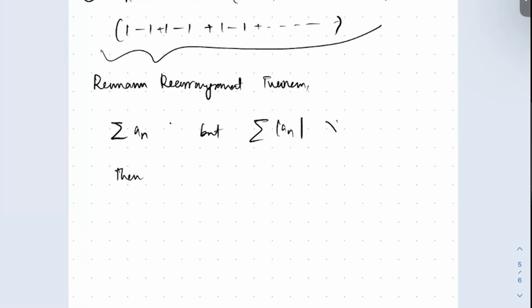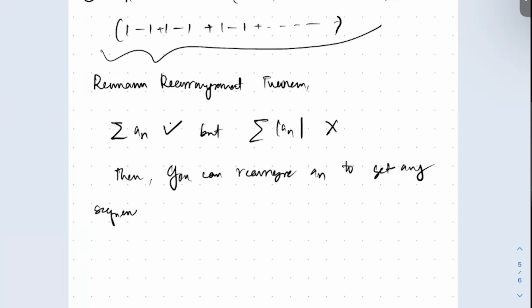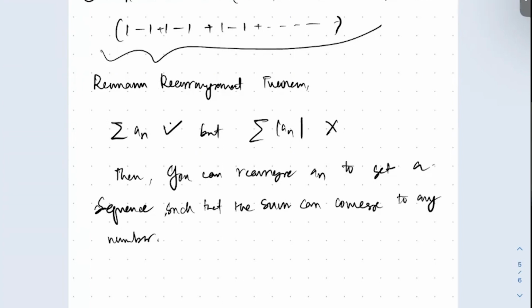If the summation of a_n converges, but the summation of mod a_n does not, then you can rearrange a_n, meaning you change the order of the numbers, such that the sum can converge to any number. That's the beautiful part. You can rearrange the sequence such that the sum converges to any number.